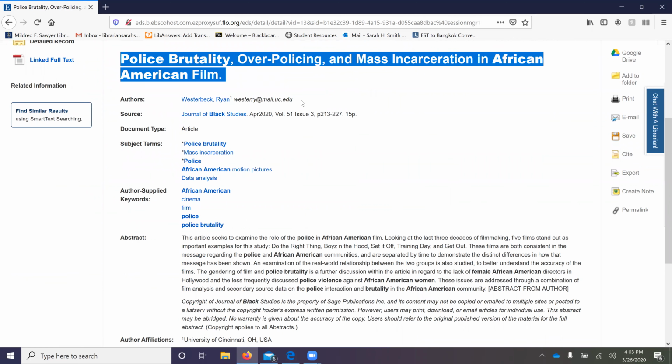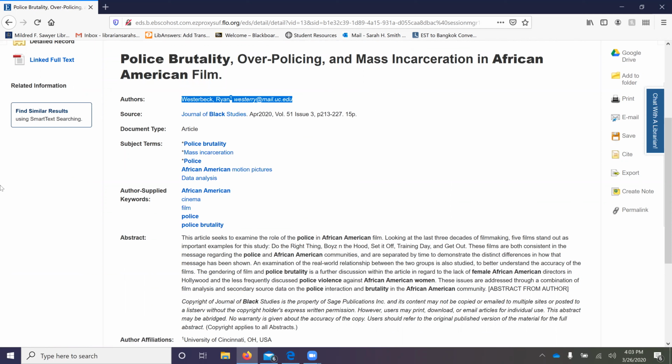Then there will be authors. Authors are listed in order of importance, with the first author listed being the first author you list in your bibliography. The source section contains the journal or magazine or newspaper that this article was written in, gives you that name, followed by the date, the volume and issue numbers, and the page numbers, as well as it tells you exactly how many pages. This is a 15-page article.